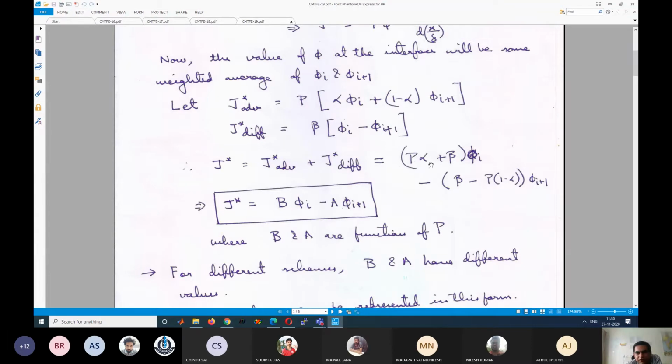Okay, so B is P alpha plus beta and A is beta minus P 1 minus alpha, where you can check that B is a function of Peclet number P and A is also a function of Peclet number P. Some function of Peclet number P depends on what are the values of alpha and beta, which depend on different schemes. Okay, so after this point we will not be bothered with alpha and beta, because we can write J star in terms of B and A.